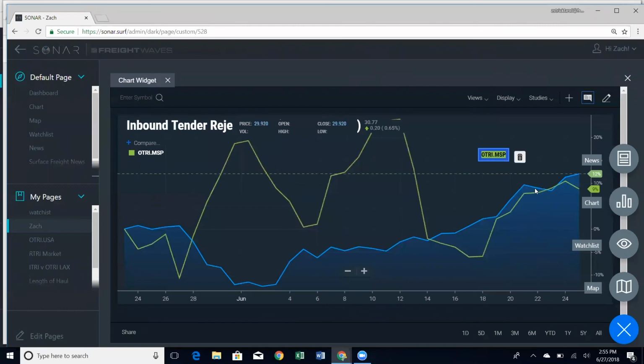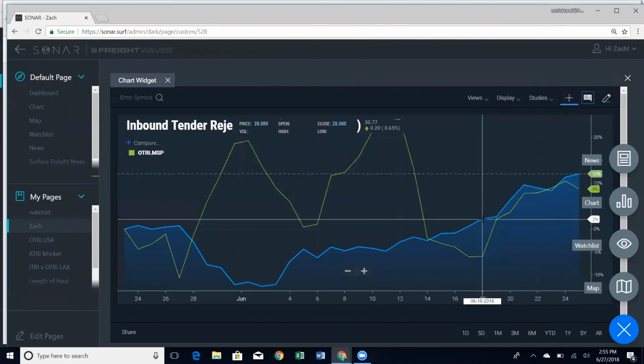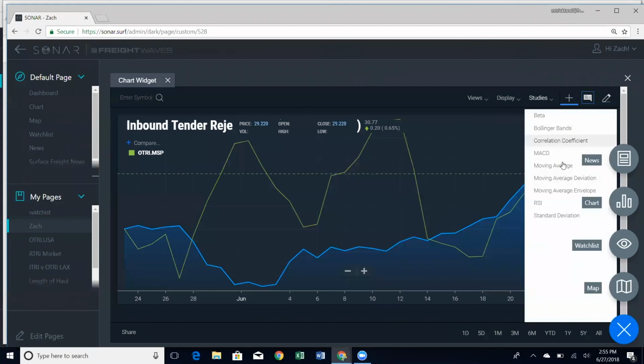As you see in this, it pops up above the name of the graph. You'll be able to see what that value is as you see it changing as I move my pointer across the graph. We also have our crosshair function, which is probably the most popular one to pinpoint the exact value that you're looking at as you move across. Then we have our studies that you can do.